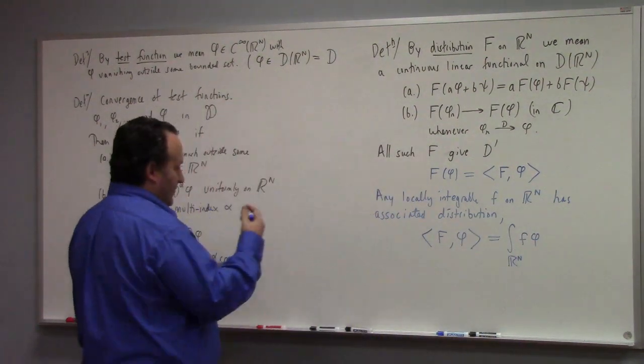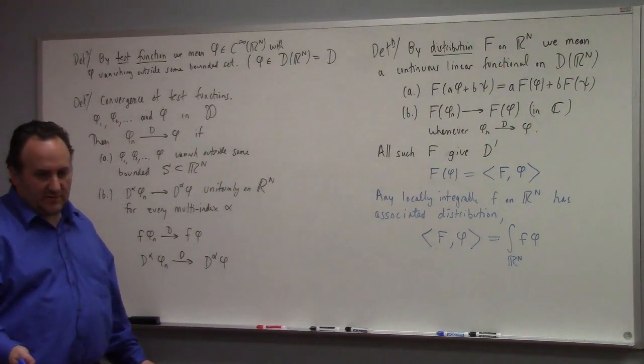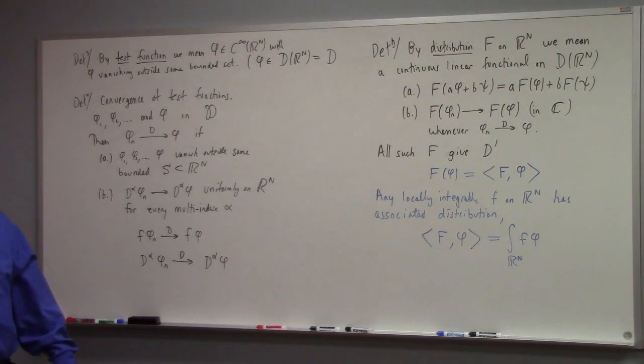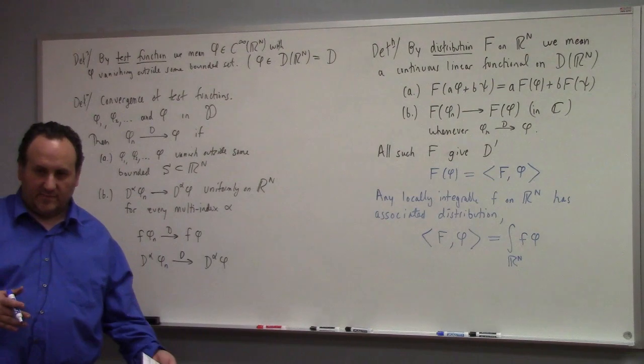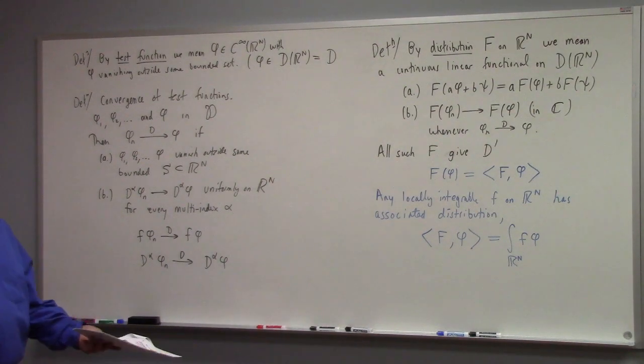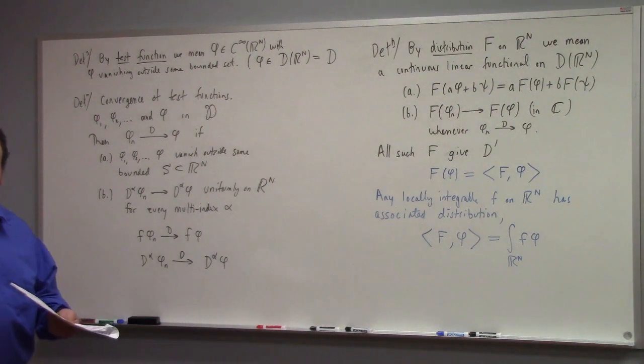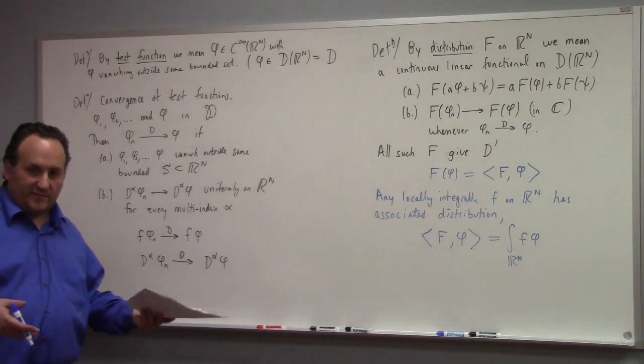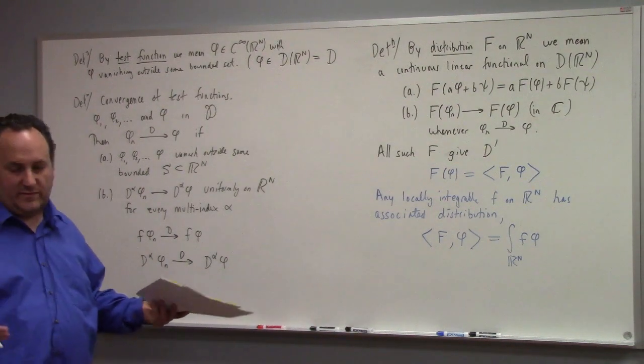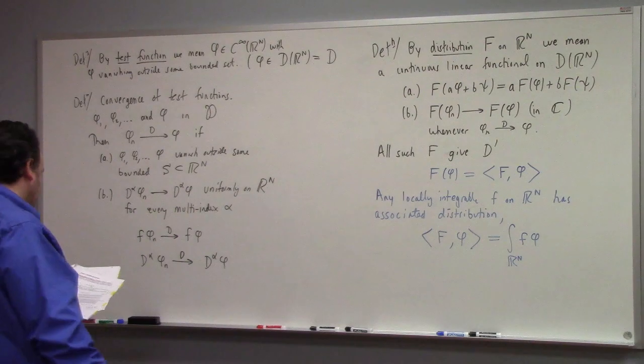And that makes sense, right? Because you're dealing with test functions. Test functions are only non-vanishing on some bounded set, and so your locally integrable function times another usually zero function still is an integrable function. So that makes sense. You can do that.